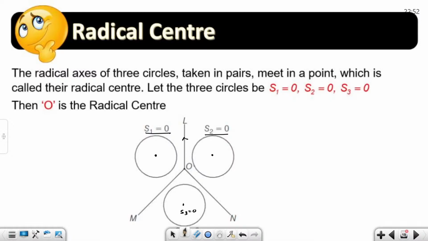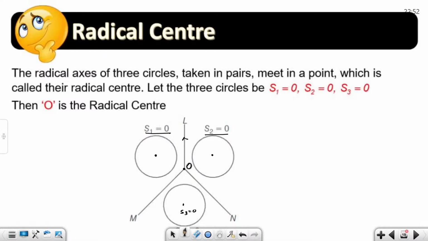Now, these three radical axes are going to meet at a point in this diagram. I have shown it with O. This is the point where the three radical axes are meeting, and this point is what is called your radical center. Is it clear?